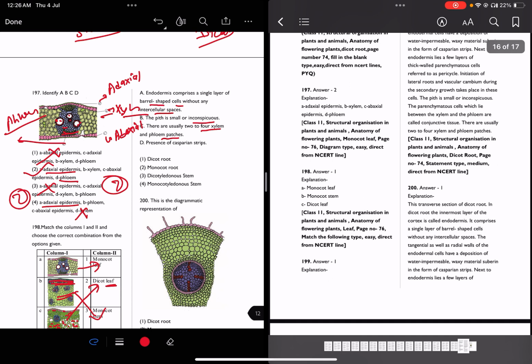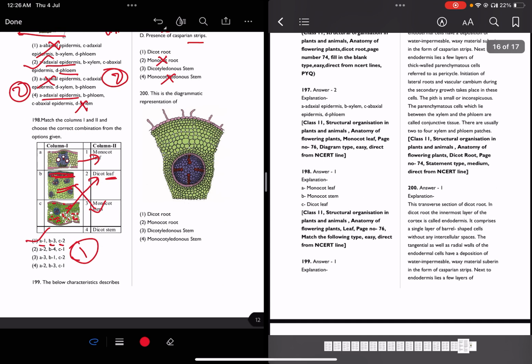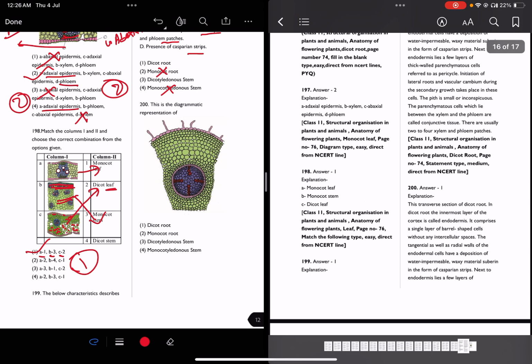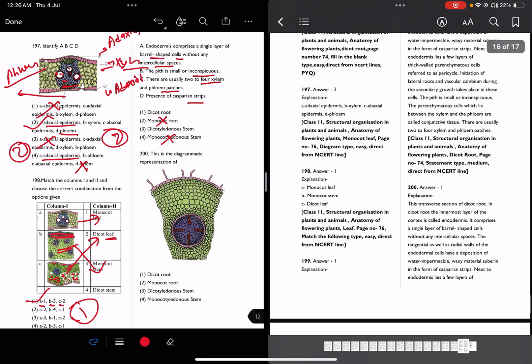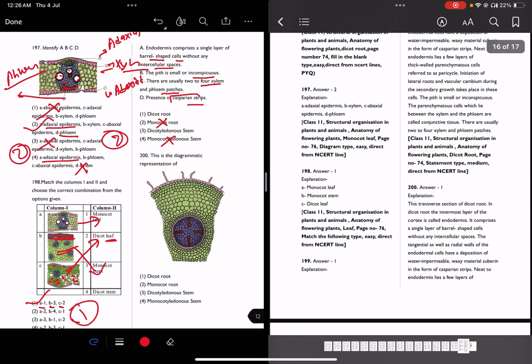So first cancel out monocot. Presence of Casparian strip. In which structure is the Casparian strip present, root or stem? Root only. Remove stem. So the answer is one only.